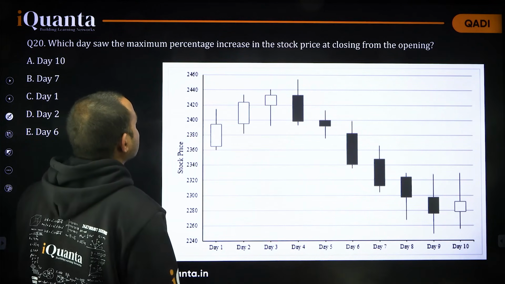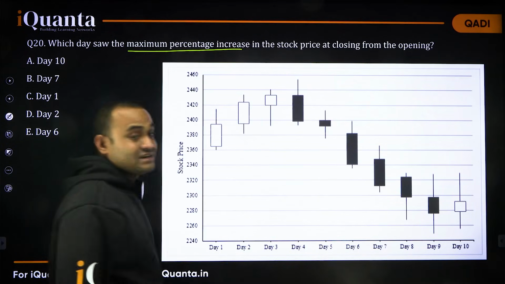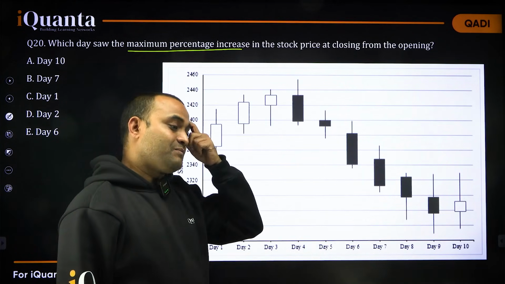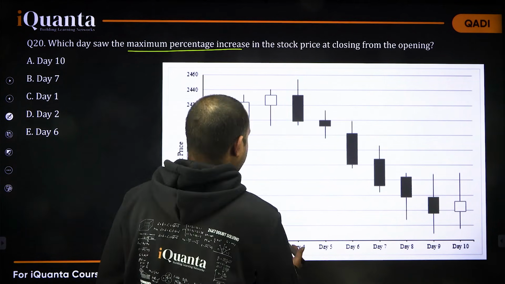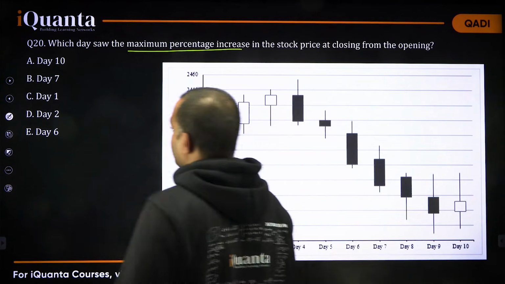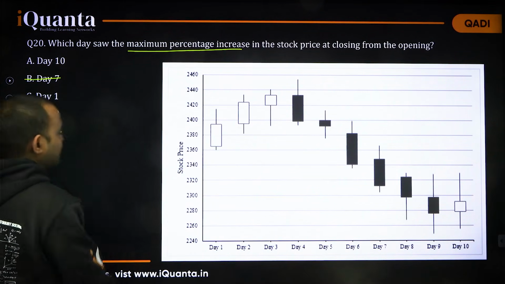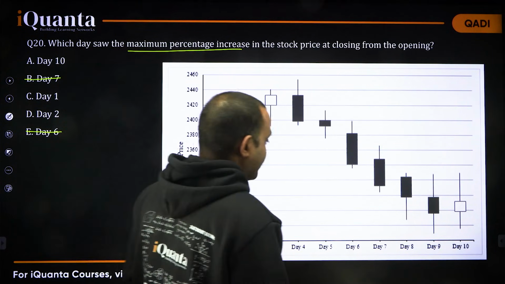Okay, so basically for maximum percentage increase, we can discard all the black ones, right? Because in the black ones the closing price is lower than the opening price. So first of all, day 4 to day 9, whatever days we have been given, we can discard. So day 7 we don't need to calculate, day 6 we don't need to calculate.